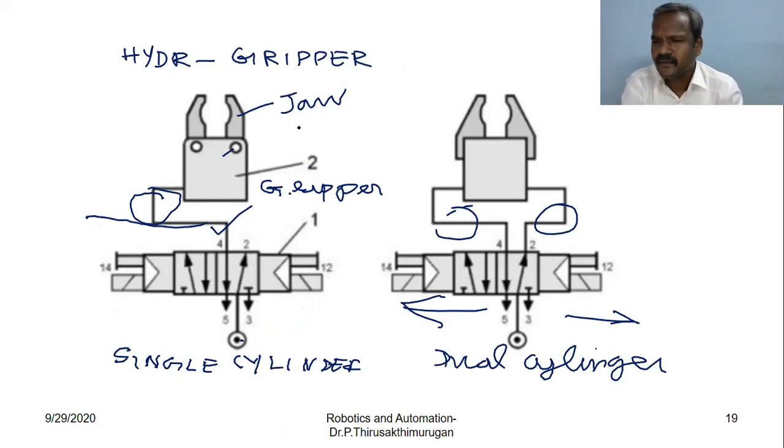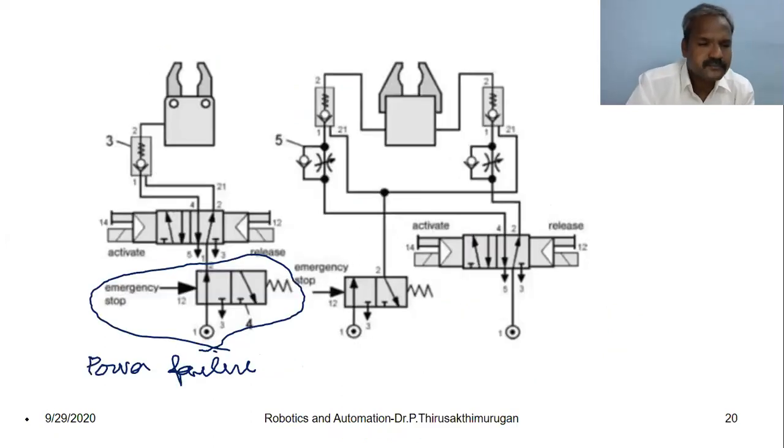So for maintenance of prehension force in case of power failure, we use the retain valve. This is the symbol for the valve.